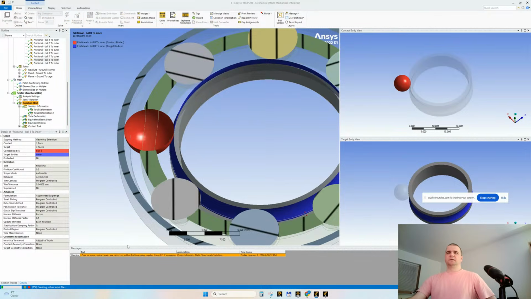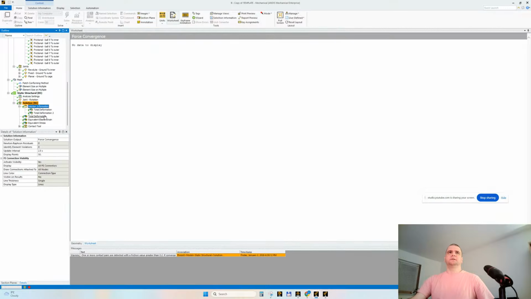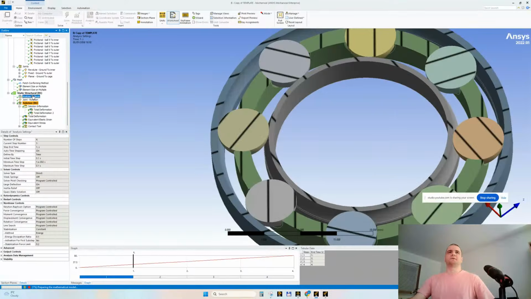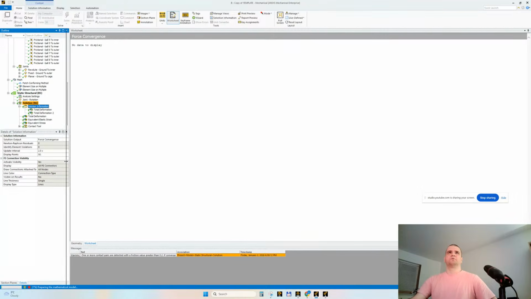As I told you about this warning about the 0.2 limit: one or more contact pairs are detected with a friction value greater than 0.2. If convergence problems arise, switching to an unsymmetric Newton-Raphson method option may aid in convergence. Yes, maybe we should have used it. Let's hope it will switch itself.